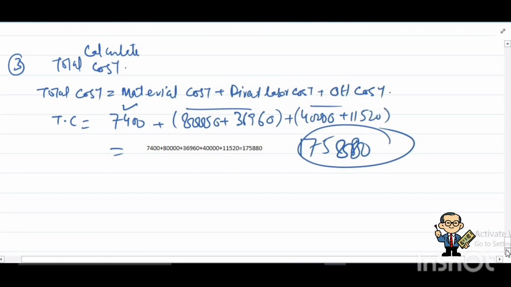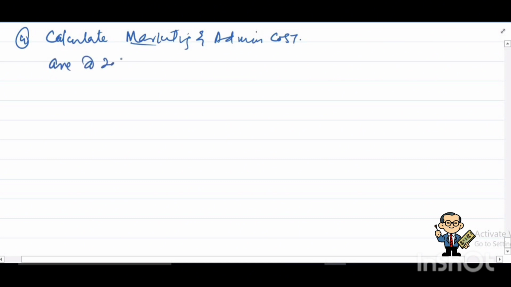Step number 4 is to calculate the total marketing and admin cost, and these costs are at the rate of 20% of the cost to manufacture. This was given in the question.